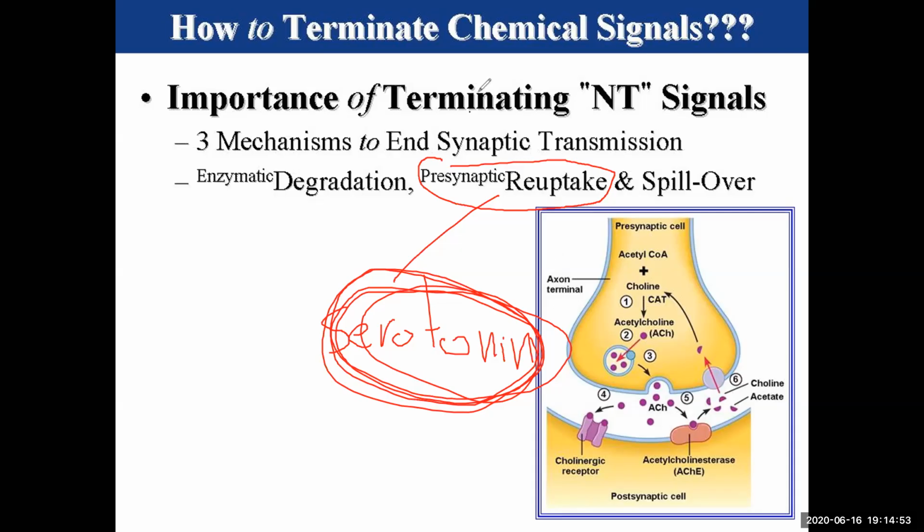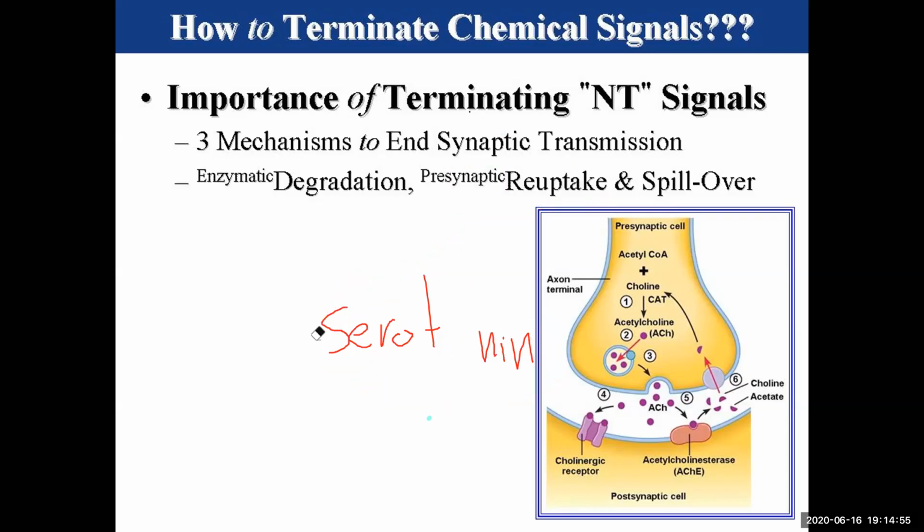And then the third mechanism, spillover. This mechanism is the simplest of the three. It means the neurotransmitter spills out of the synapse.